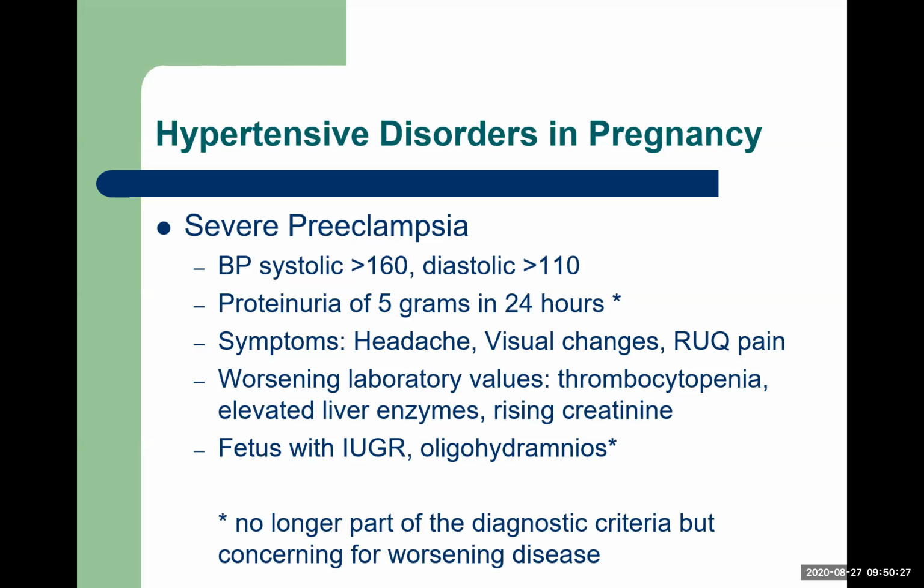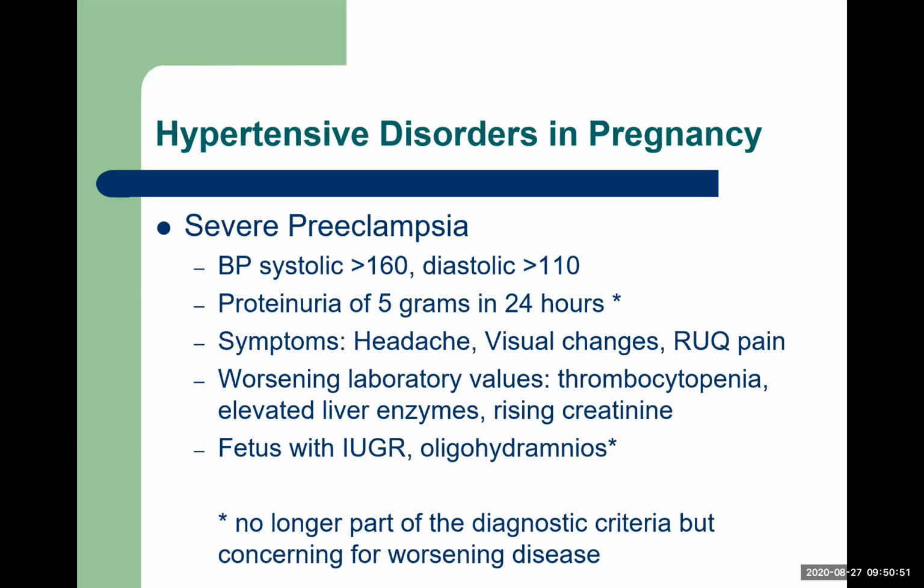It used to be that patients needed to meet a proteinuria of greater than 5 grams in 24 hours, but this is no longer part of the diagnostic criteria. But I like to keep it here in my slide because it is a marker of worse disease, right?